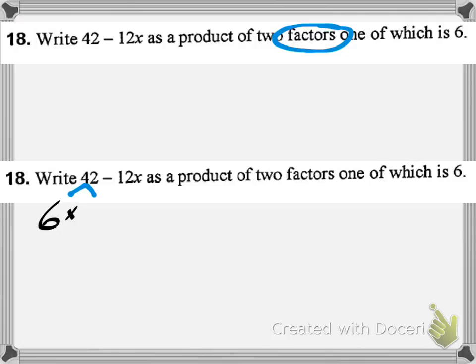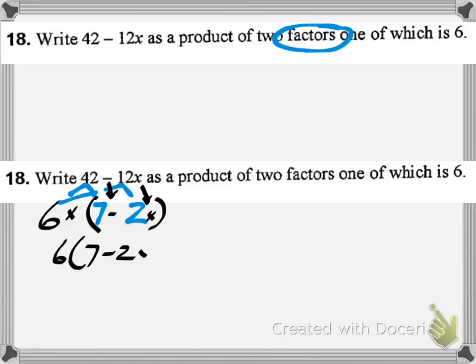If we did a factor tree, that would be 6 times 7. And then if we did a factor tree for 12, the 12 would be 6 times 2. Now, our minus sign comes down and our x comes down. So we get 6 times 7 minus 2x.